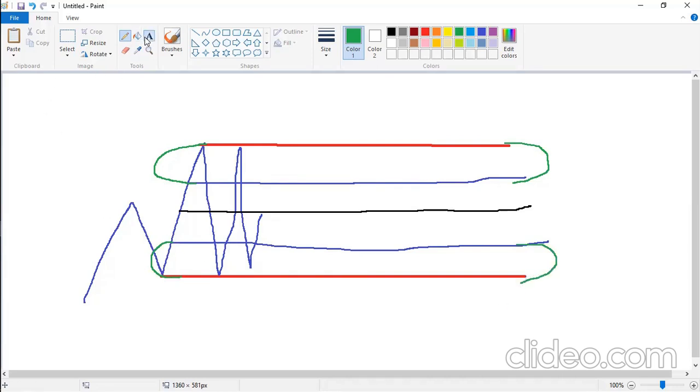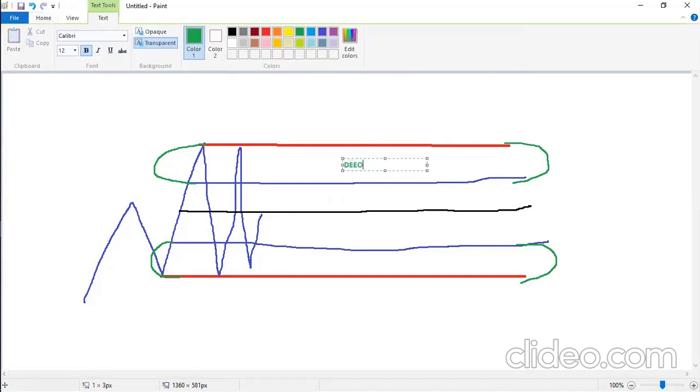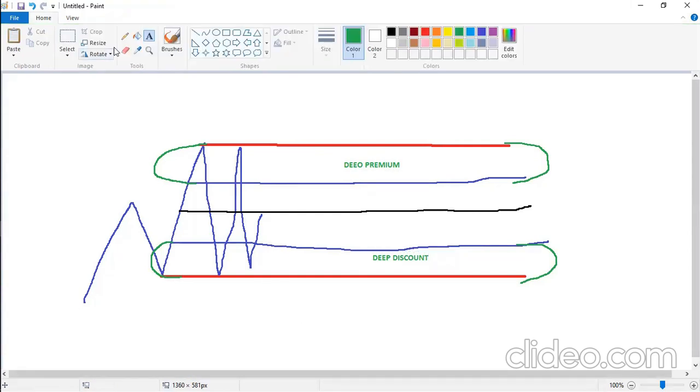This is what we call our dip premium and our dip discount. Only in a range, only when price is moving sideways, we sell in dip premium and buy in dip discount.